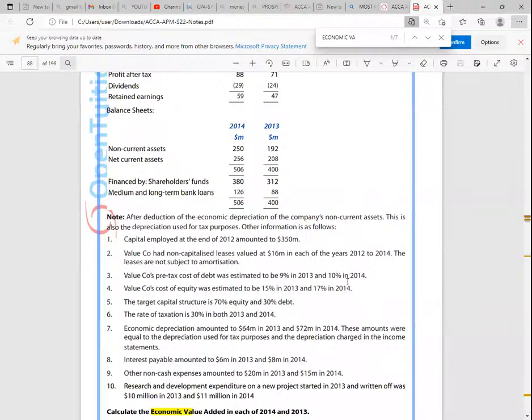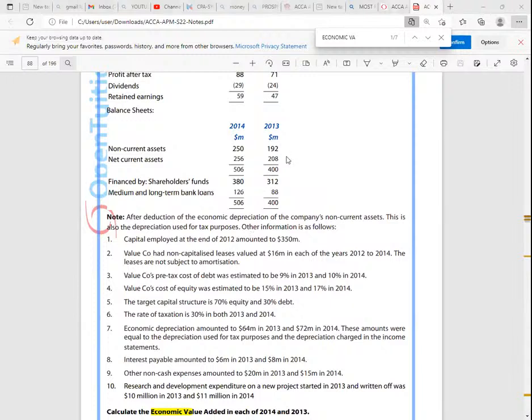This guy has given me capital employed at the end of 2012, not number one. Remember, our financial years are 2013 and 2014. An examiner who does this does not wish me success.